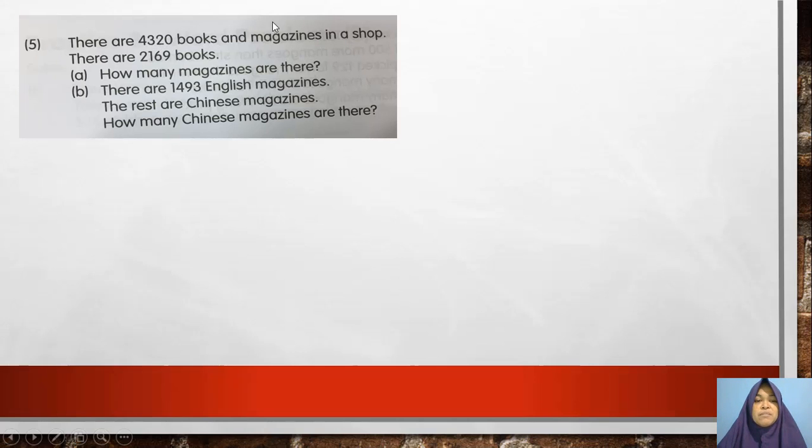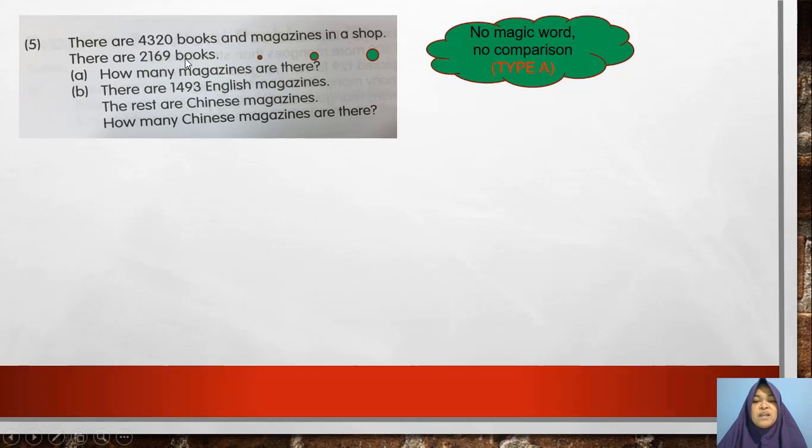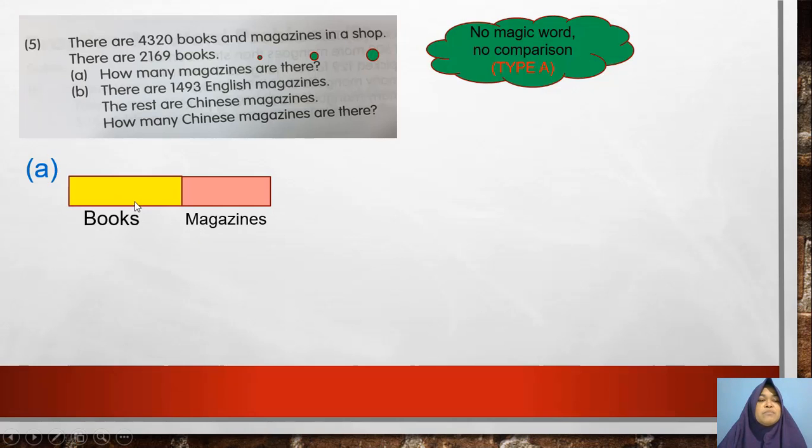4,320 books and magazines, and then the second is 2,169 books. So no comparison, no magic word. It will be type A. How do you draw type A? Like this, and then you put books and magazines. Books and magazines, how many altogether? 4,320.